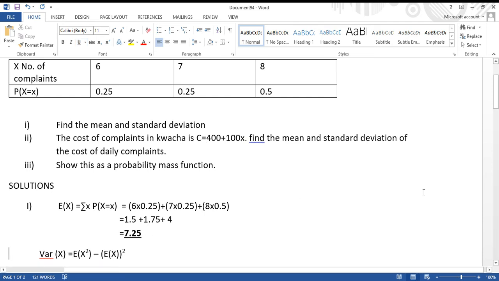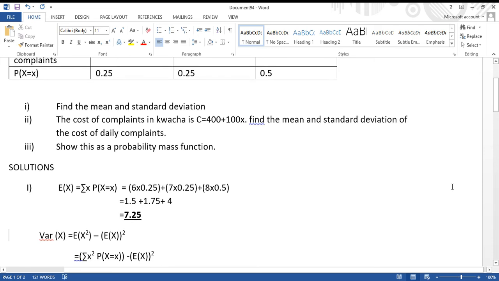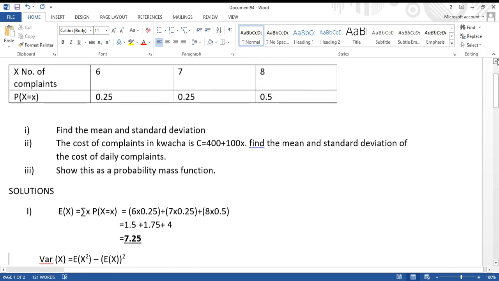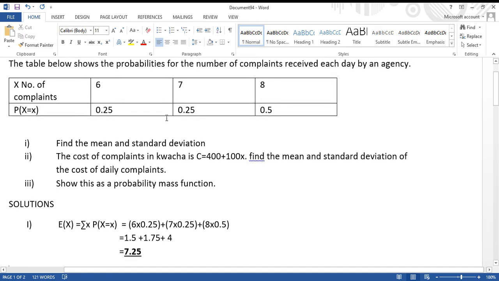We found the mean and the standard deviation. Then they've told us the cost of complaints in Kwacha is C equals 400 plus 100X. So find the mean and standard deviation cost of the daily complaints. What we're going to do is replace each value with X into this equation.